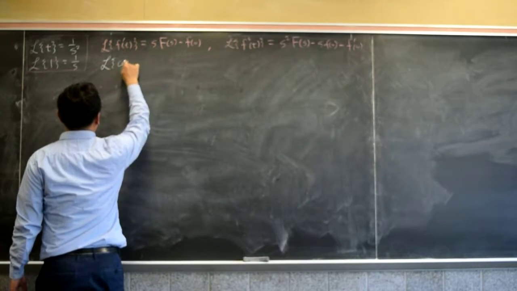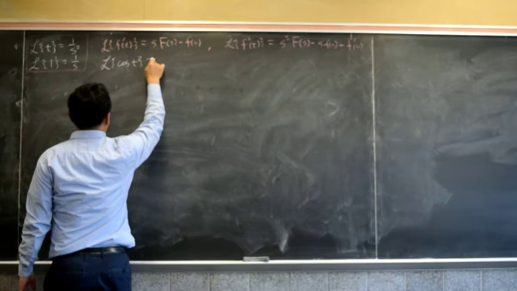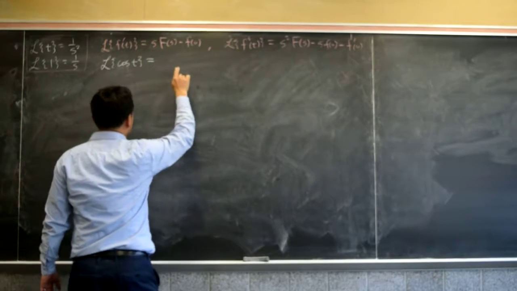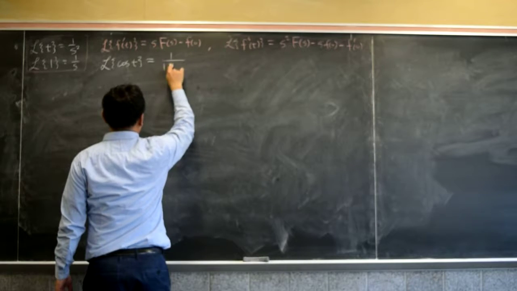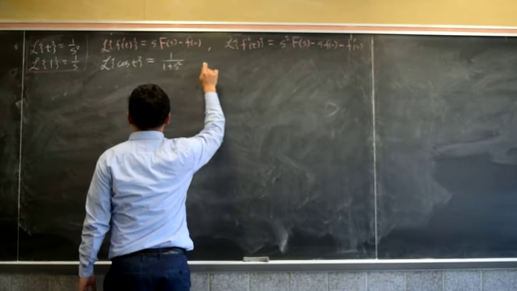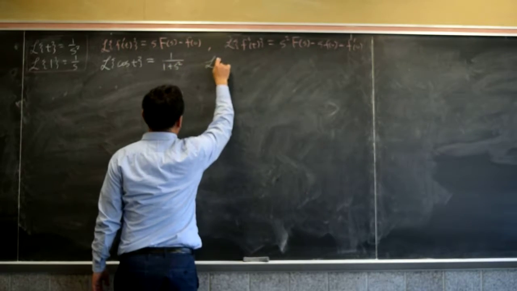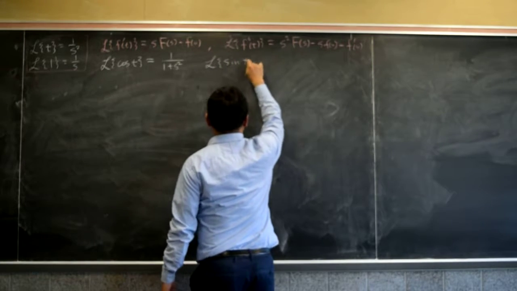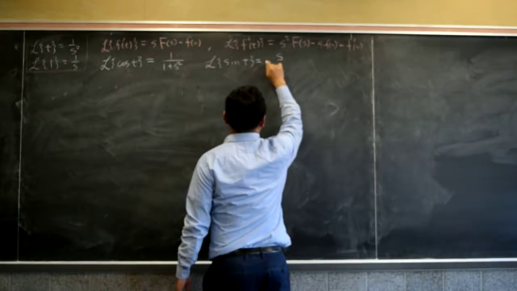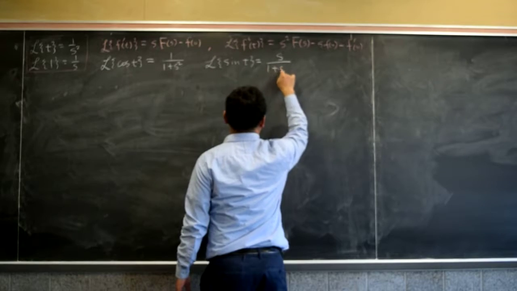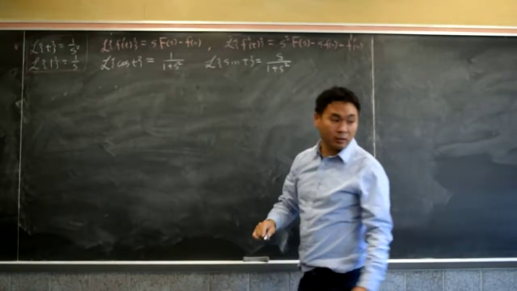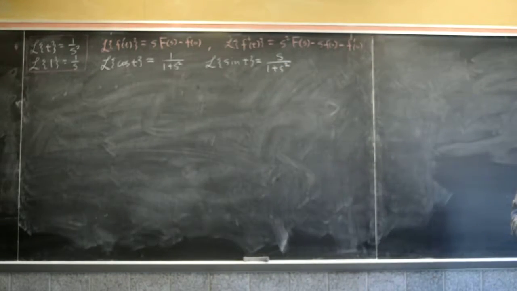So cosine of t gives you 1 over 1 plus s squared. And sine of t gives you s over 1 plus s squared. I hope I'm right.